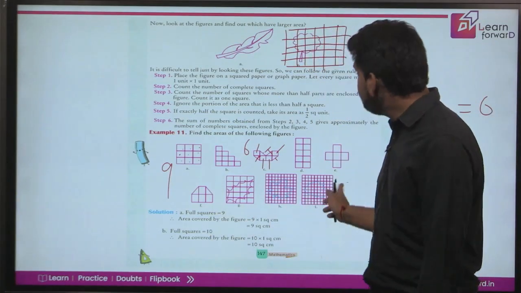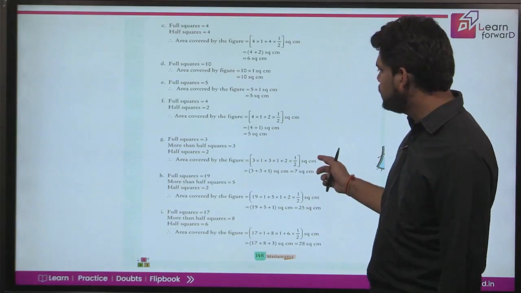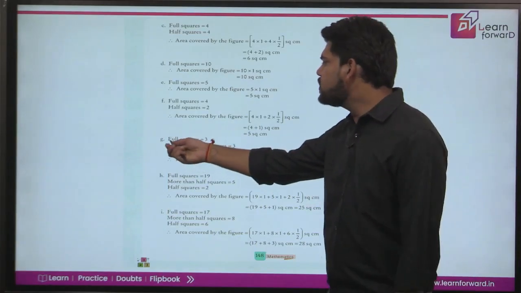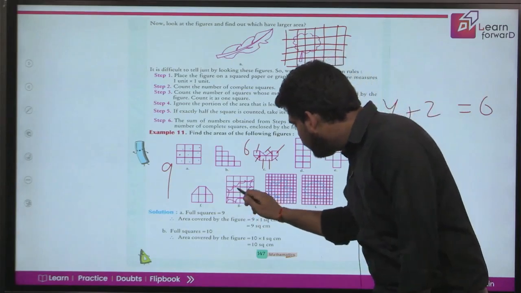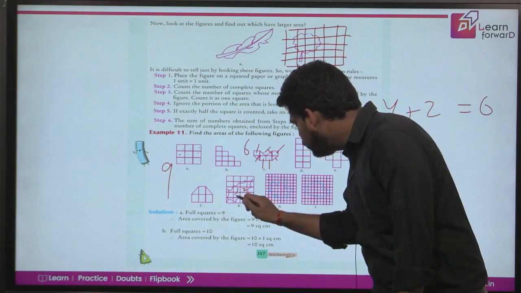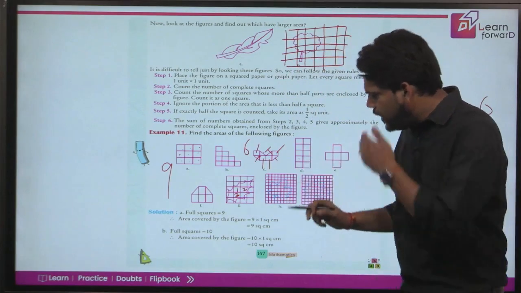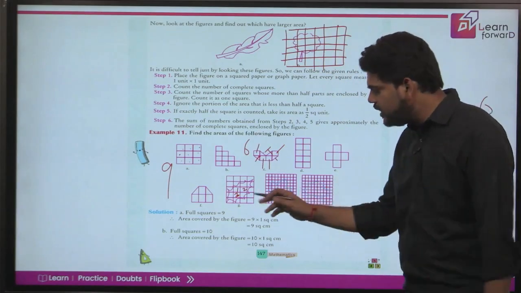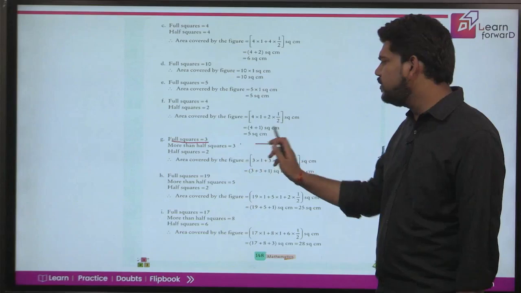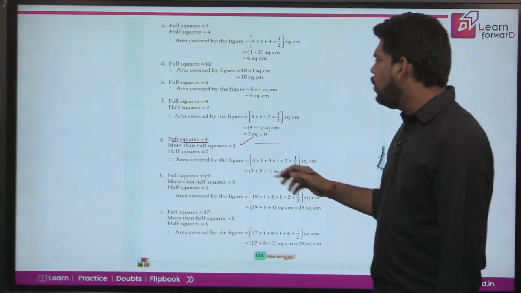For the G part, let us take the example which is explained over here. How many full squares are there? Let us see how many full squares are there. 1, 2, 3. If you observe clearly, there are no more squares which are fully included in this leaf. So how many full squares are there? 3. Sorry, here.